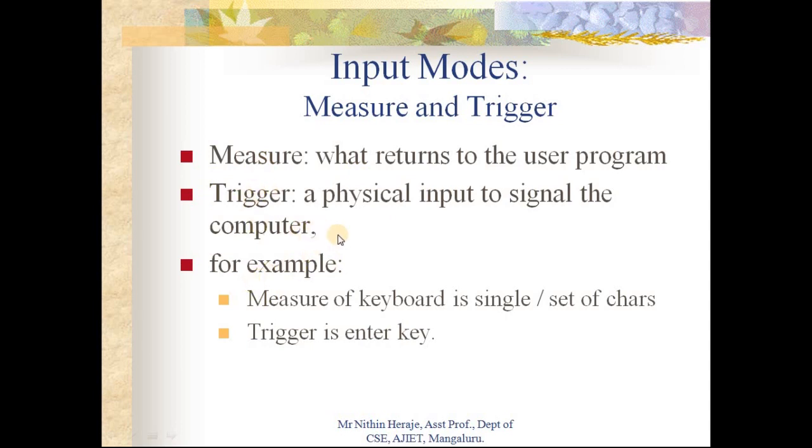For example, the measure of the keyboard is a single character or a set of characters, and the trigger is the enter key. You type a character, for example, hi, and then you press the enter key. Here hi would be the measure, and after pressing the enter key, that is the trigger, the value would be taken in the program.